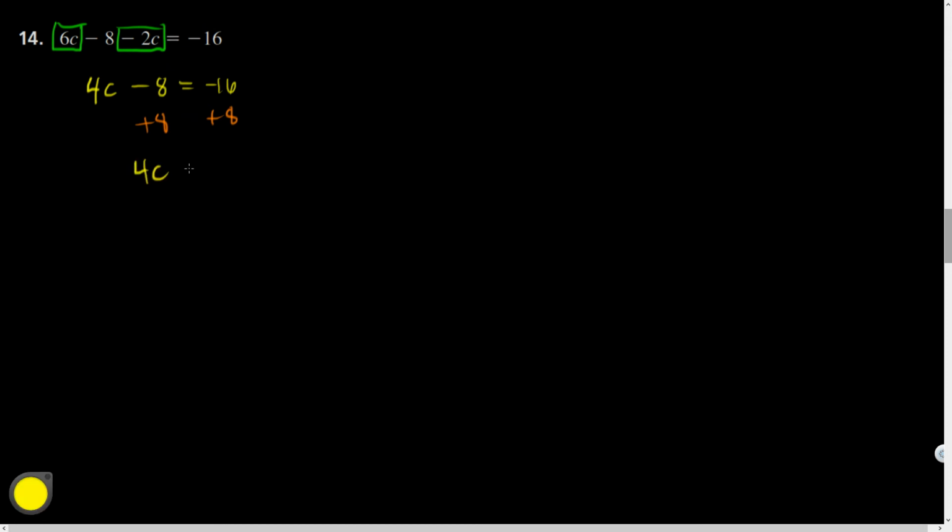Notice I'm trying to line up my equal signs as best as I can. Wait, what do I do now? Divide by 4. So I'm just doing inverse operations. Are you guys tracking with me on that? So C equals -2. This one, let's do a check.